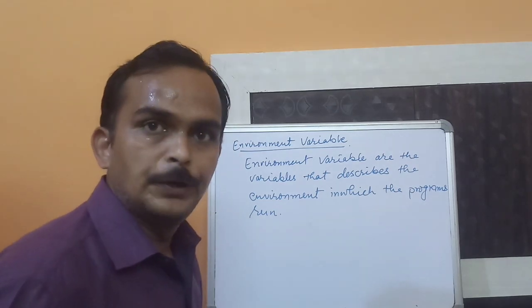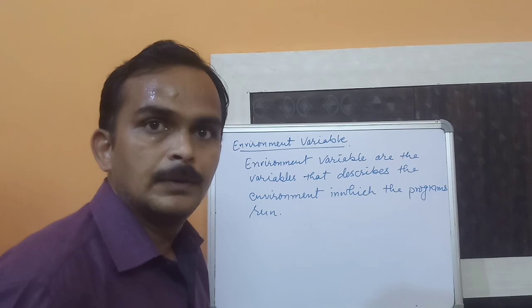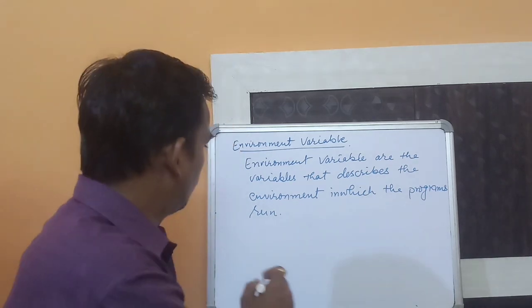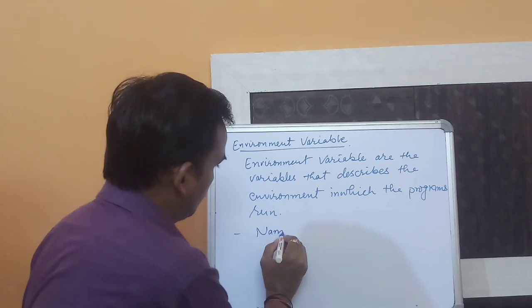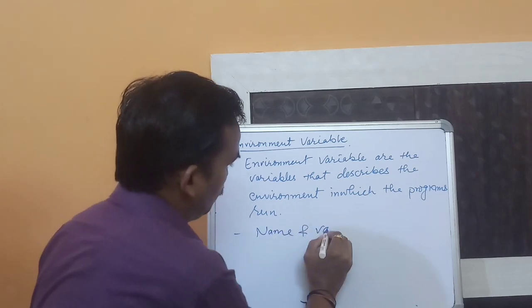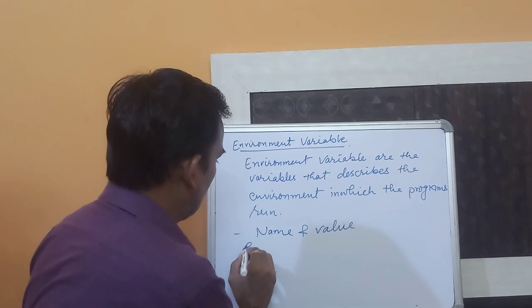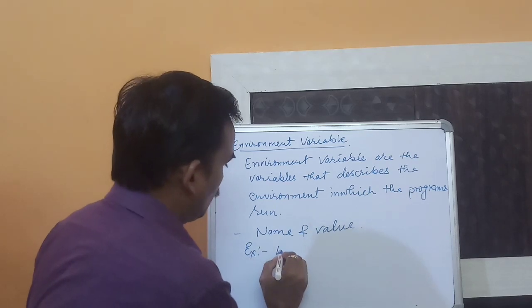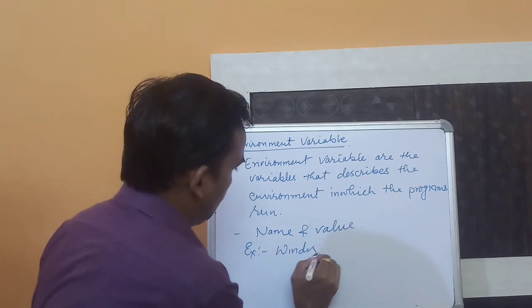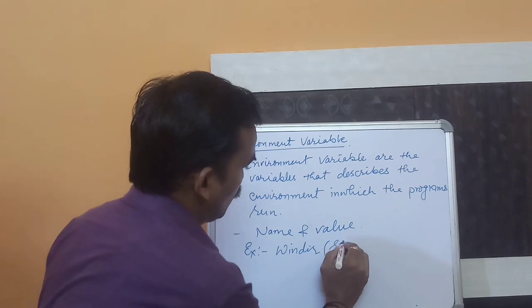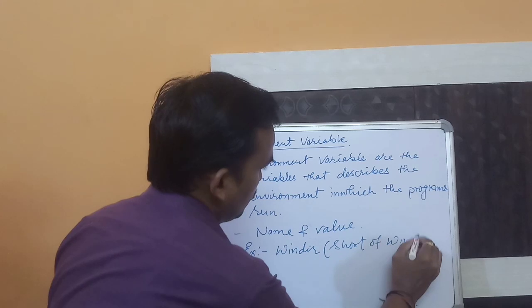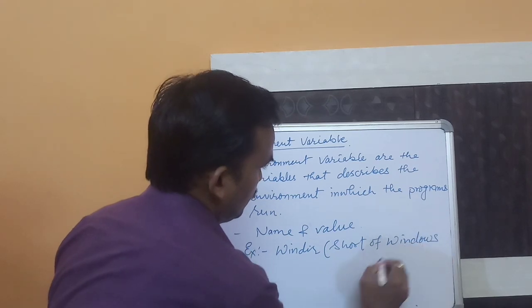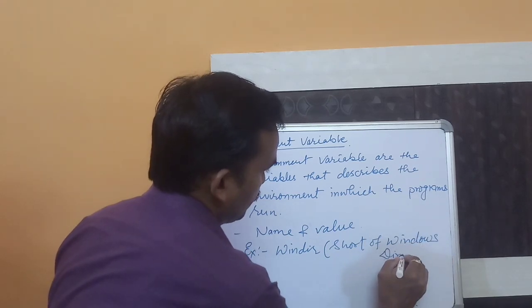So in Windows, an environment variable has two things. First is the name and second one is the value. For example, WinDIR is the short form of Windows directory.